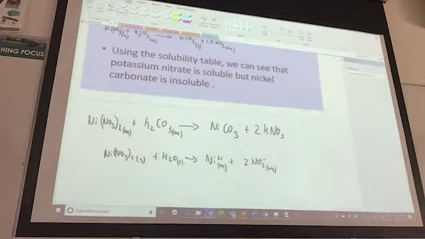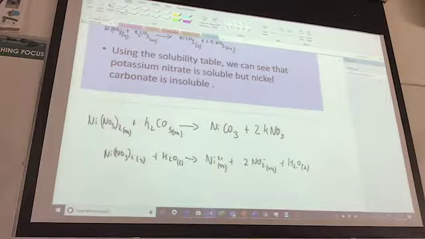Water is a liquid. So we're ionizing, we're breaking down the ionic structure of nickel nitrate, and we're producing nickel ions and nitrate ions in solution.